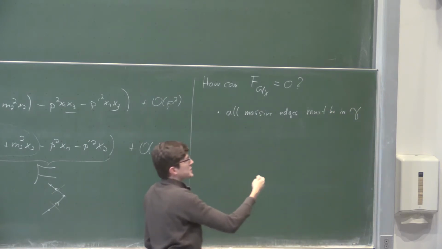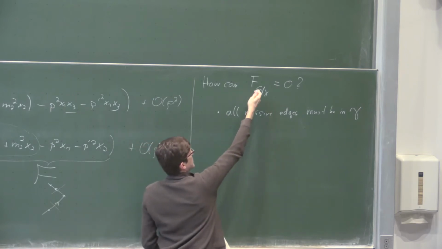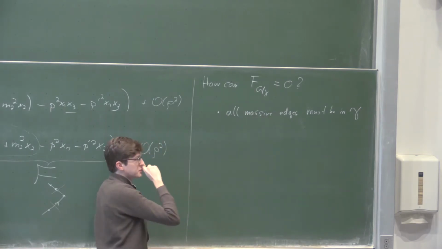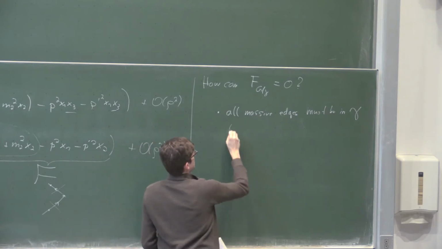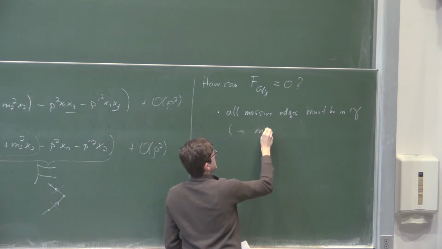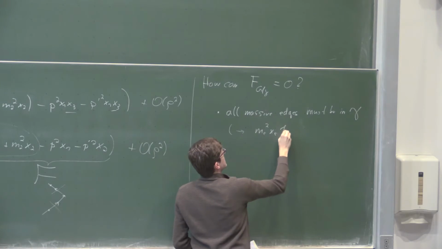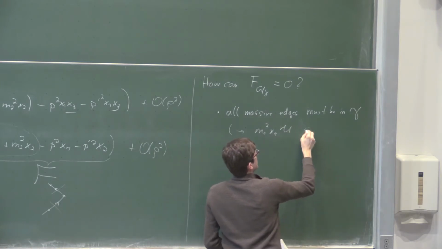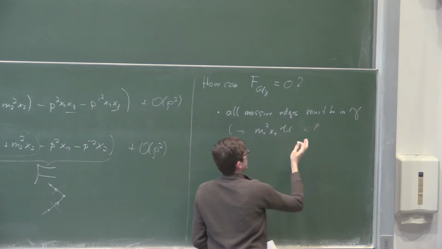Because if there were any massive edge left, it would remain in the quotient, and it would give a non-zero contribution to the f polynomial. Because if we have such an edge, we would have m_e squared x_e contributing to f. So f couldn't be 0.